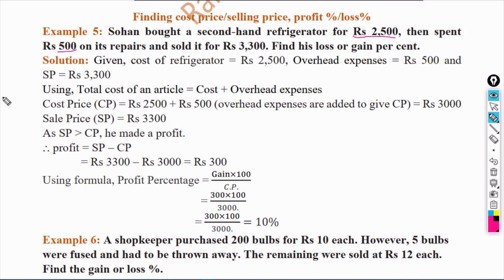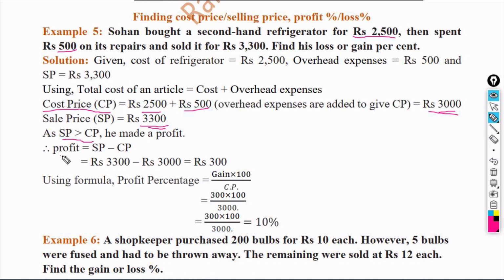Now total cost, that is 2500 plus 500, is equal to rupees 3000. That 3000 is, you can say, CP, cost price. Now here the cost price is 3000 and selling price SP is 3300. Which one is more? Yes, selling price is more than cost price.